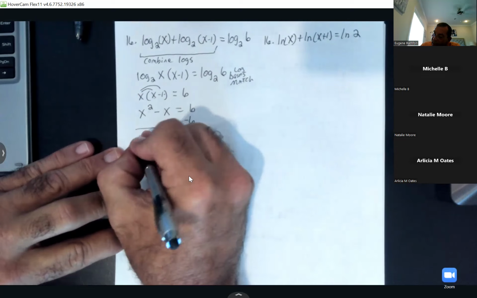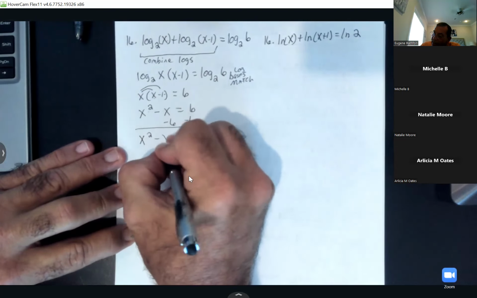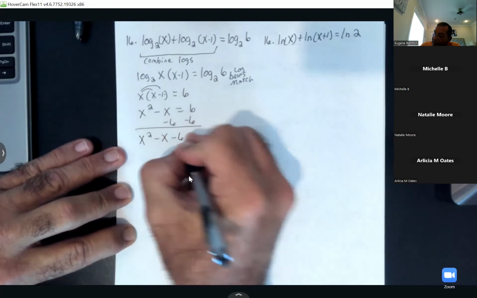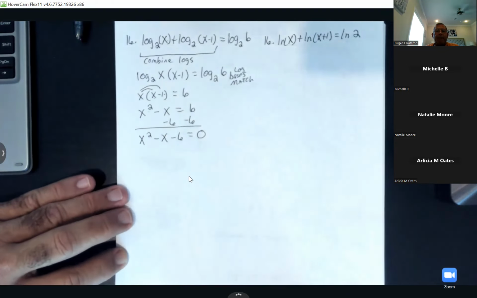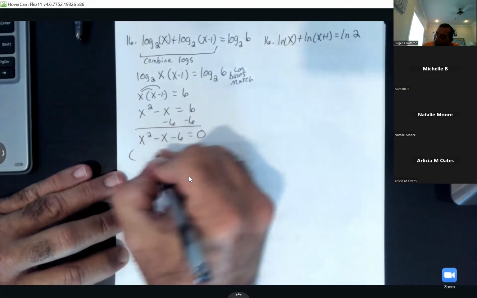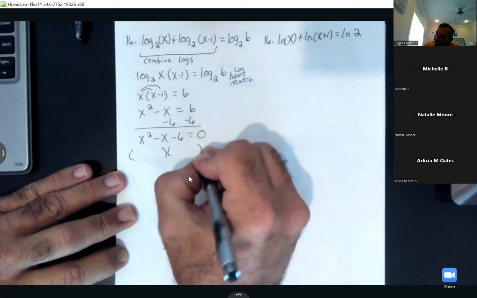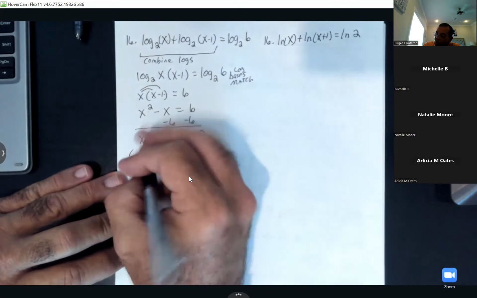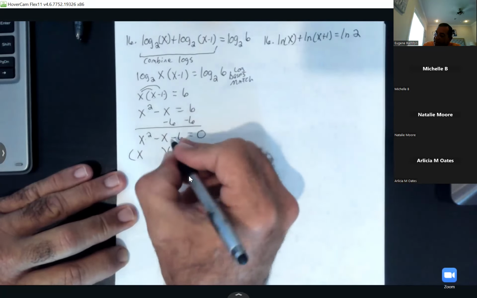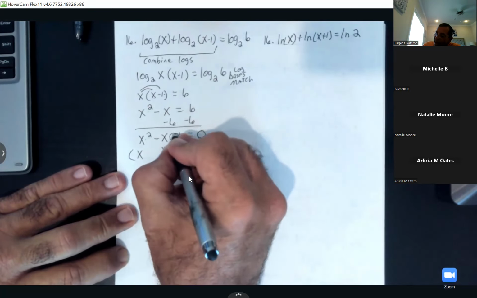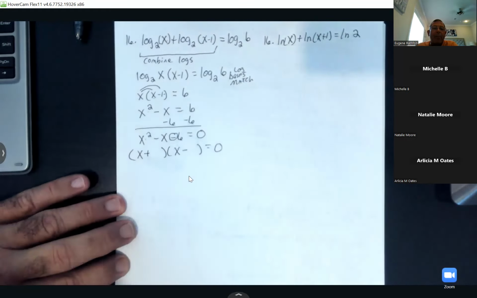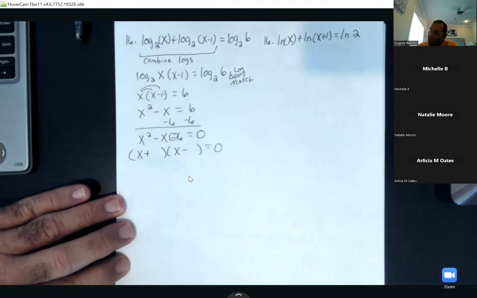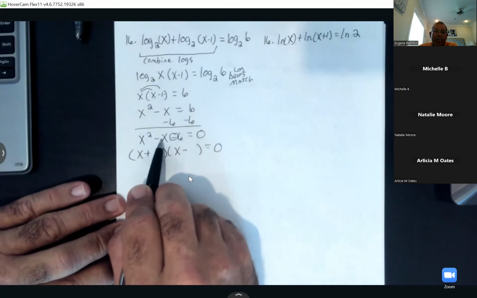So notice I get x squared minus x minus 6 equals 0. Oh, yay, we get to now factor. x squared is an x and an x. Once again, the last one's negative, so I got a positive and a negative. So give me factors of 6 that subtract to get me that 1 in the middle.